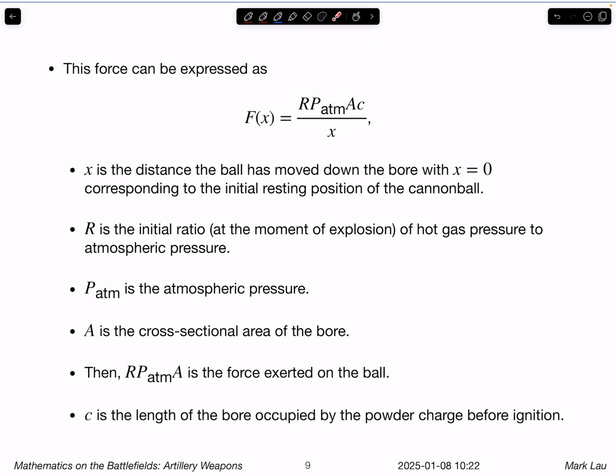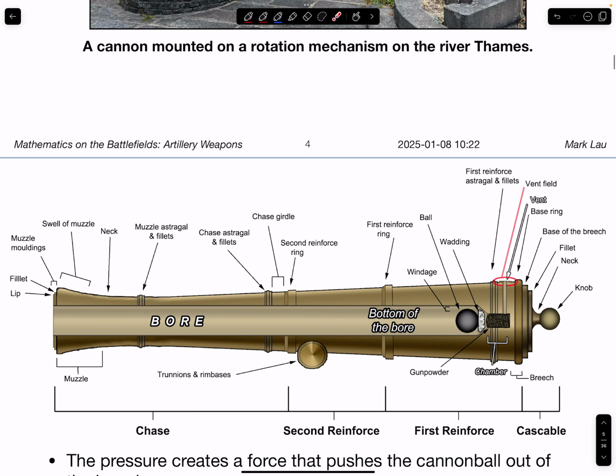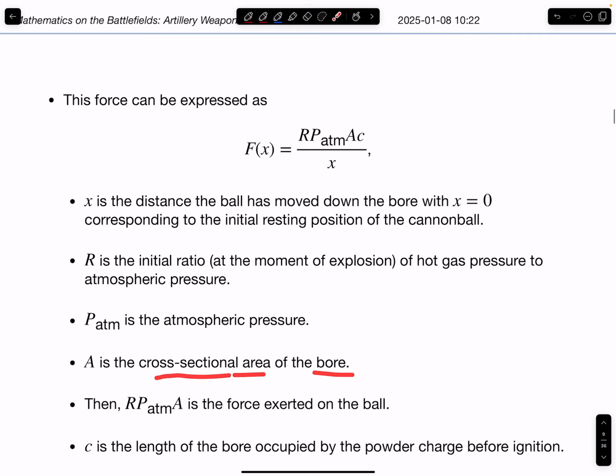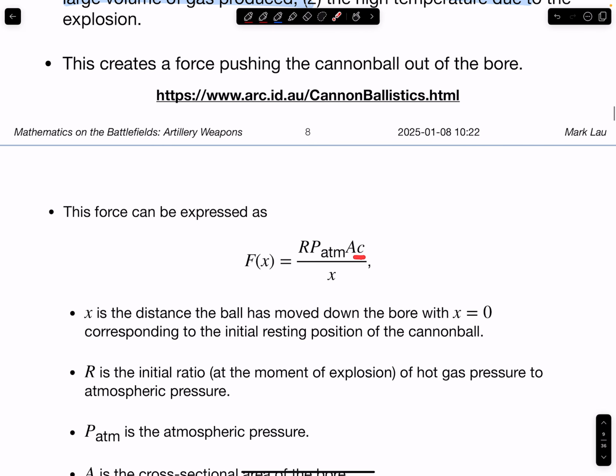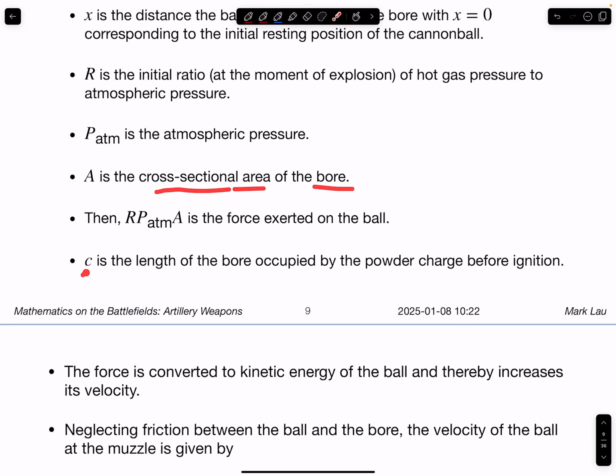Okay, anyways, what's A? Sorry, A is the cross-sectional area of the bore. So I think this area is A. Okay. What's C? C is the length of the bore occupied by the powder charge before.